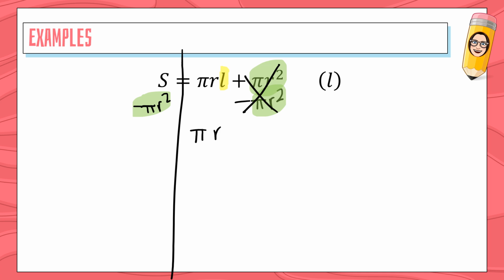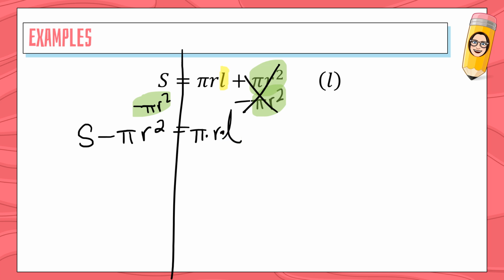Don't let the fact that it's pies and squares throw you off. That doesn't matter. And then write it like you read it. S subtract pi r squared. I'm still trying to get L by itself. Well, technically, what's between these? A dot. So we're going to say, oops, I shouldn't have made that green though. I should have made that yellow.